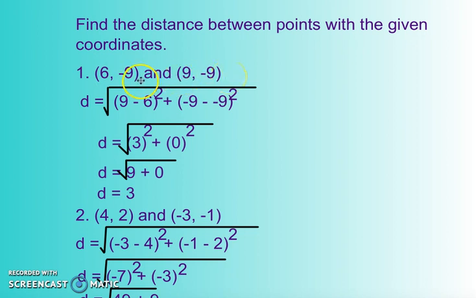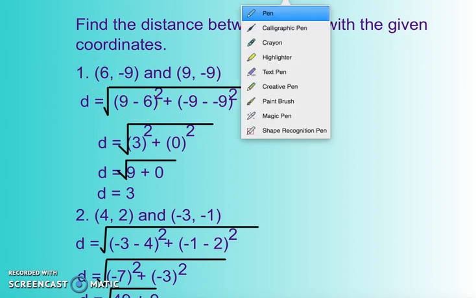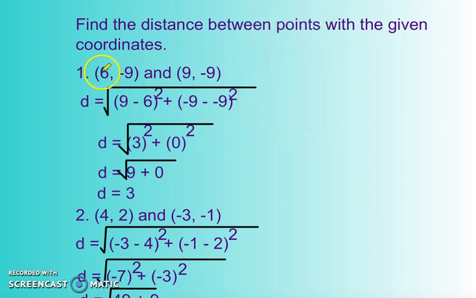So here are 2 pairs of coordinates. So we have 6 and -9, and 9 and -9. And if you look at the distance formula, the first step was to plug in these coordinates. Well, first of all, we have to look at the x's. So here are the x coordinates.